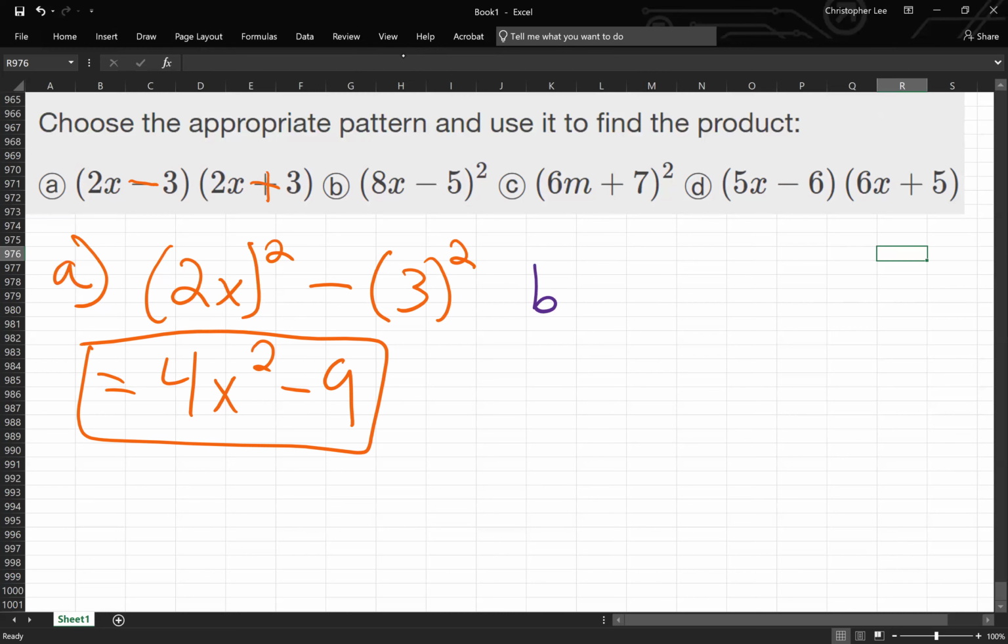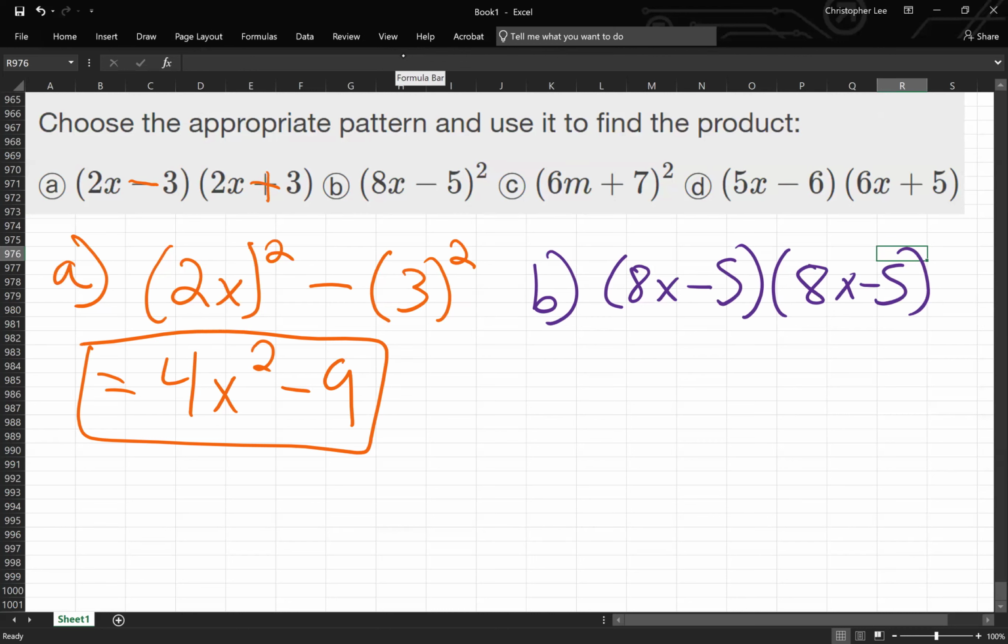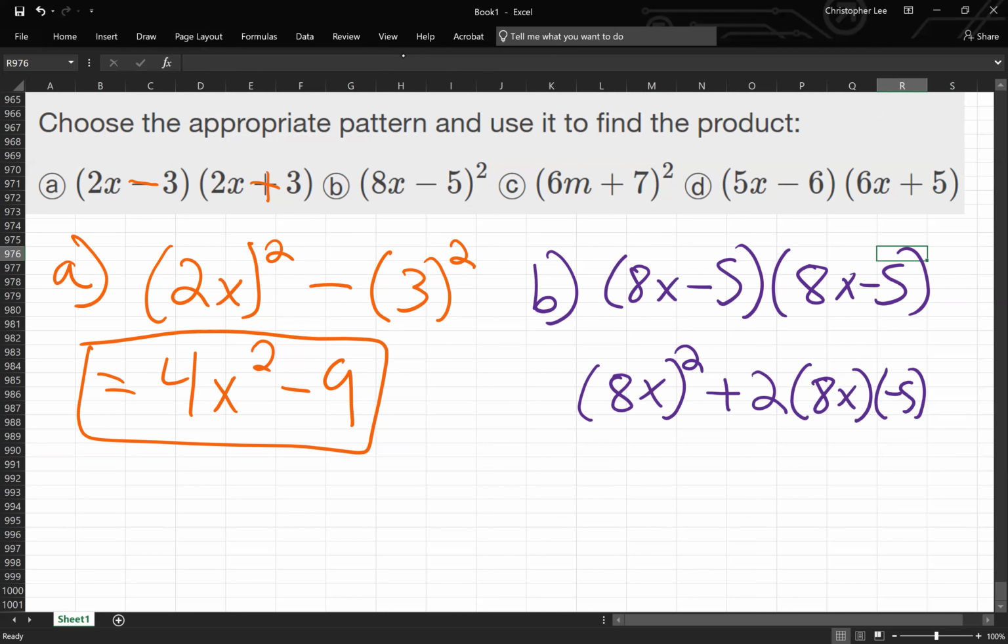Let's look at B. In B, it's a repeat: 8x minus 5 times 8x minus 5. So what's the answer going to be using the pattern? 8x squared, plus 2 times the 8x times the negative 5, plus the negative 5 squared.